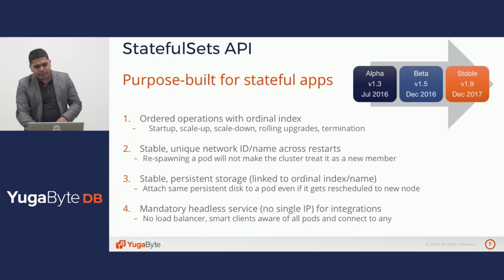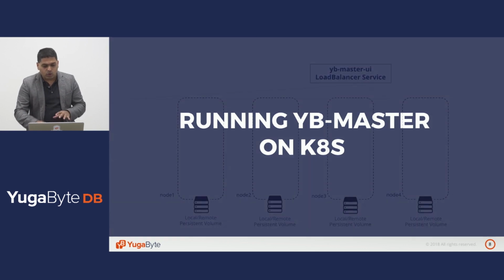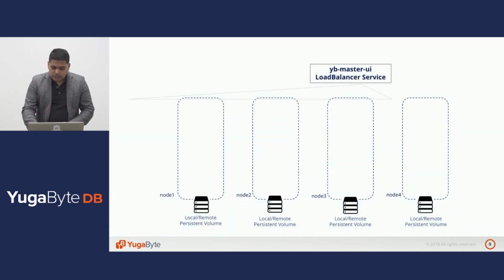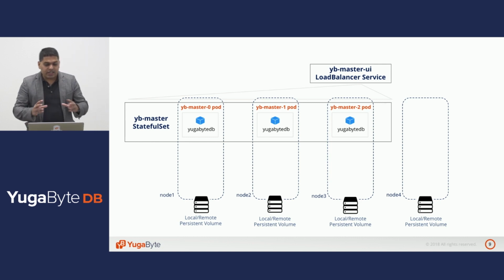So having covered the basics of stateful sets, let's see how we run YugabyteDB on stateful sets. Let's start with YB Master and go through what that will look like. The YB Master gets modeled as a stateful set, and here we have a 4-node environment, but we're going to run a replication factor 3 cluster, which means there will be 3 copies of the YB Master stateful set pod.